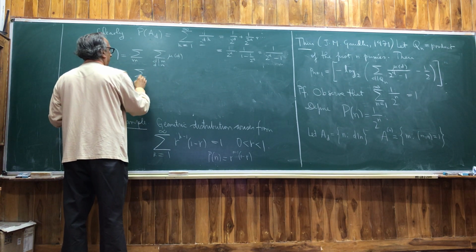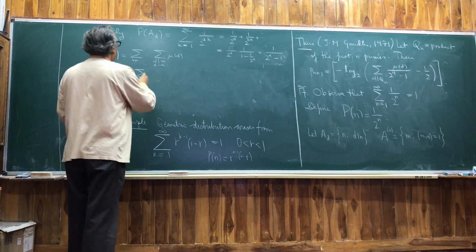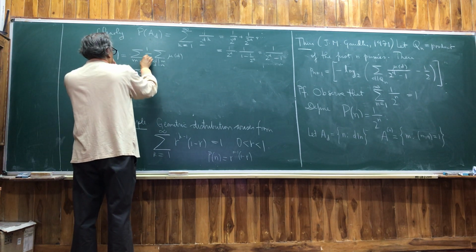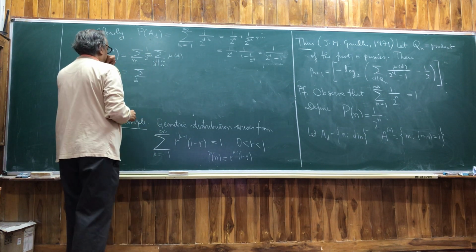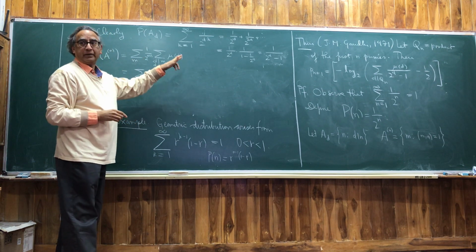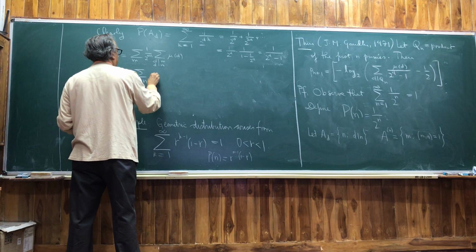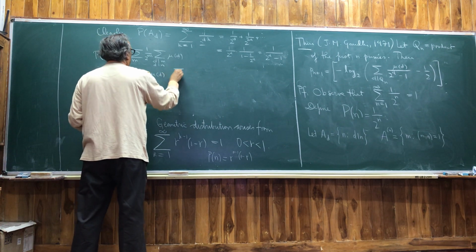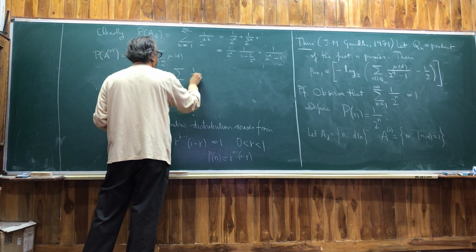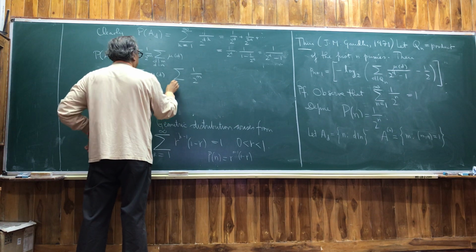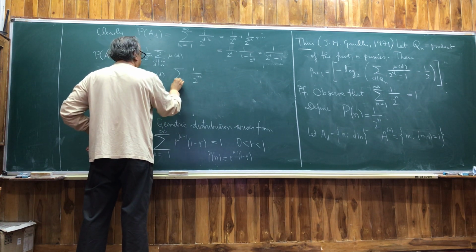For that m, we figure out whether it's that. So the sum over d dividing m of mu d, and here we have 1 over 2 to the m, with d dividing m.